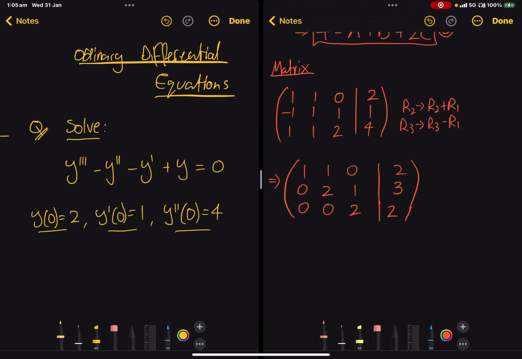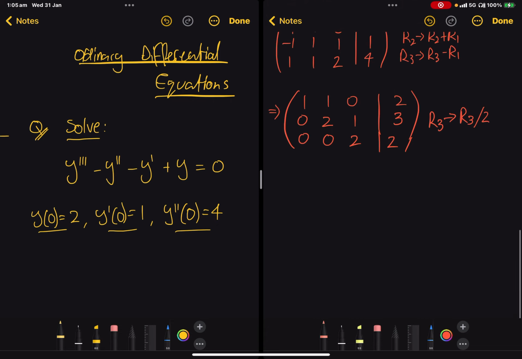So now we have this. The manipulation that I want to make now, I am going to take row 3, and the new row 3 is going to be the old row 3 divided by 2. So this gives me 1, 1, 0, 2, 0, 2, 1, 3, 0, 0, 1, 1.